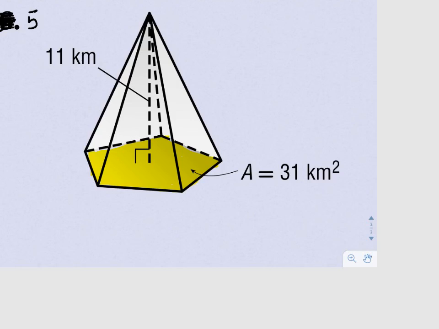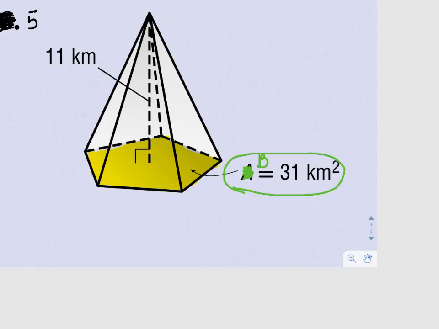But please notice with me that they already give us the area of the base figure. So we can substitute this for capital B, area of the base figure, in our formula. Okay? All right, pause the video. Go ahead and work this out. Come on back when you're done and check your work.